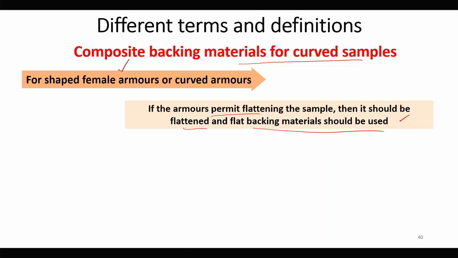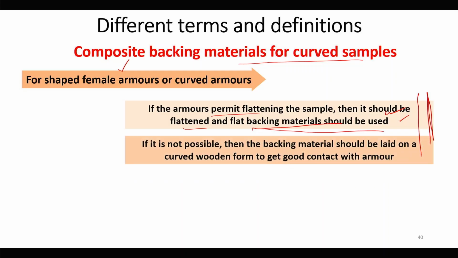So, if it permits flattening, we must try to flatten it and use the standard flat backing material. First we have to flatten the curved armor, then we use the flat backing material.